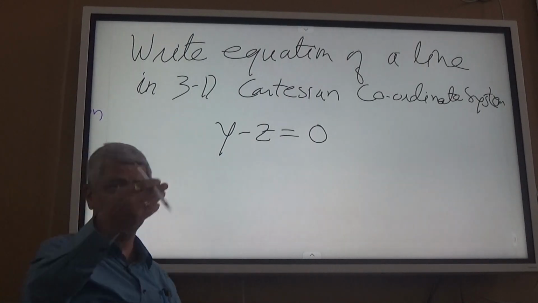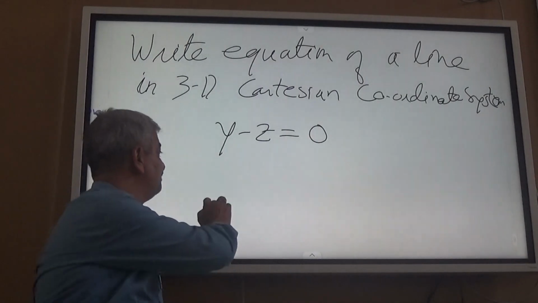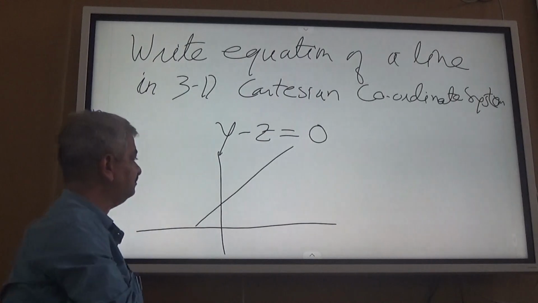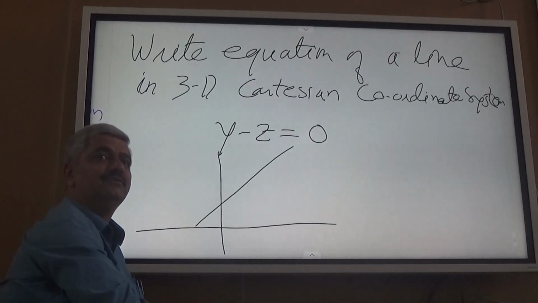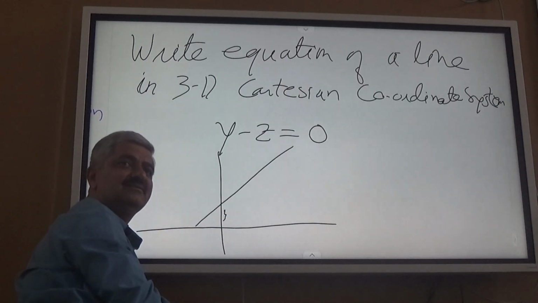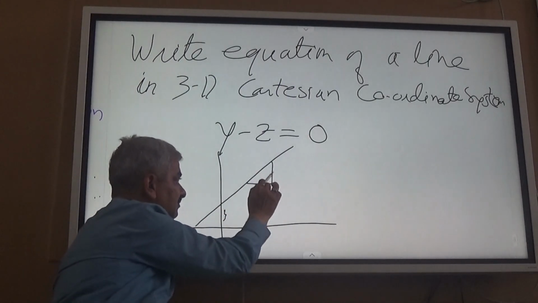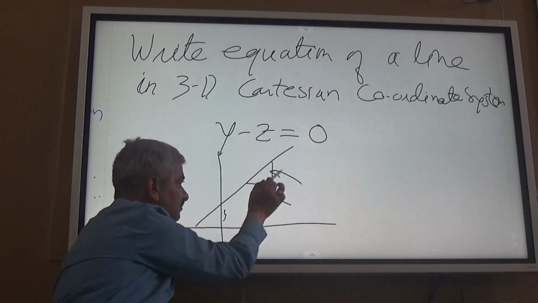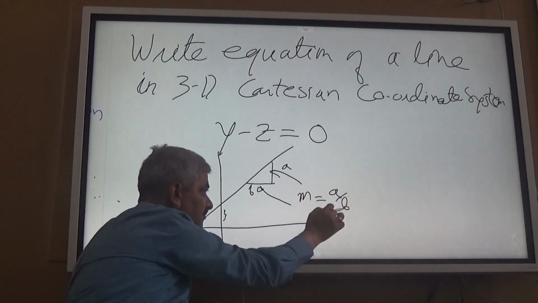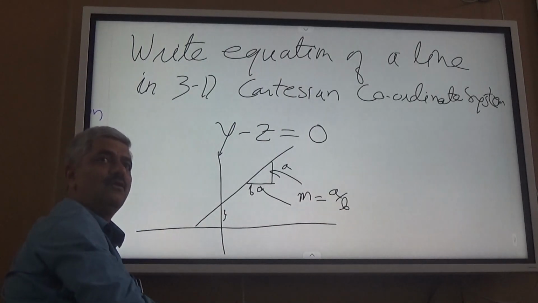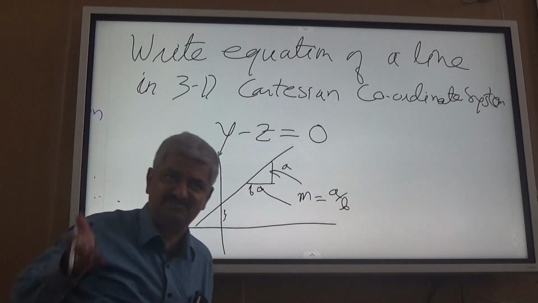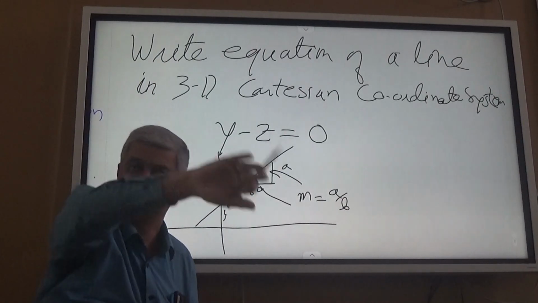Y equal to mx plus c, what we have learned till now: m is the slope and c is the intercept. Y equal to x is the equation of what? mx plus c, m is 1, c is 0.